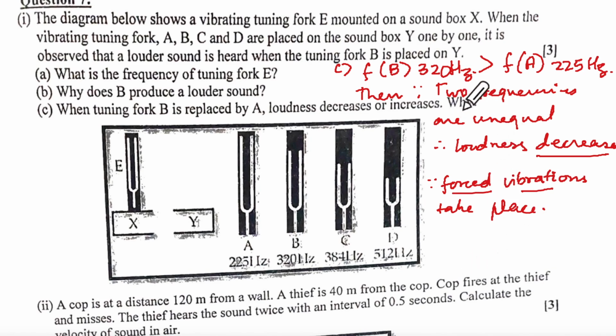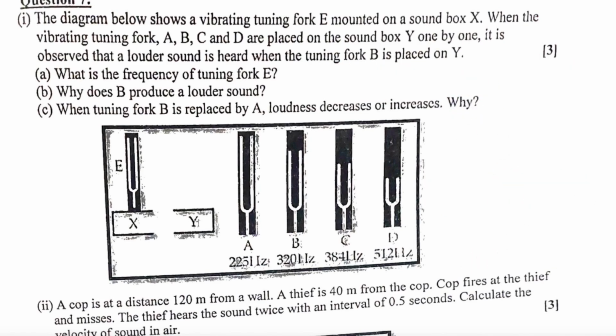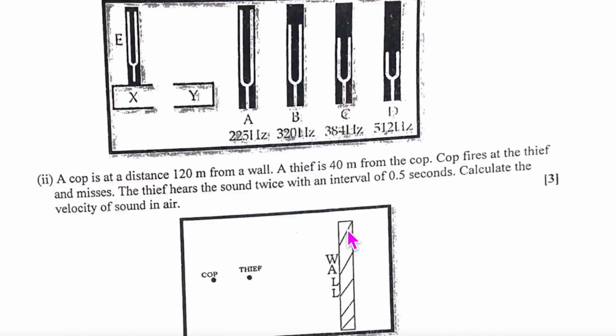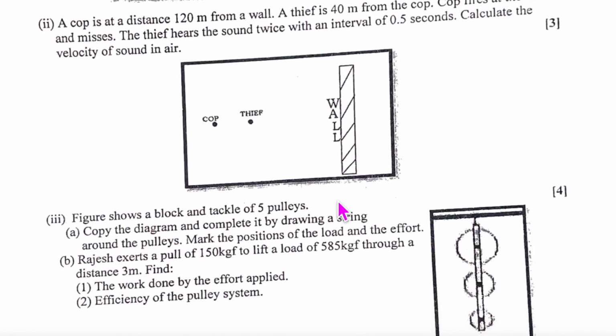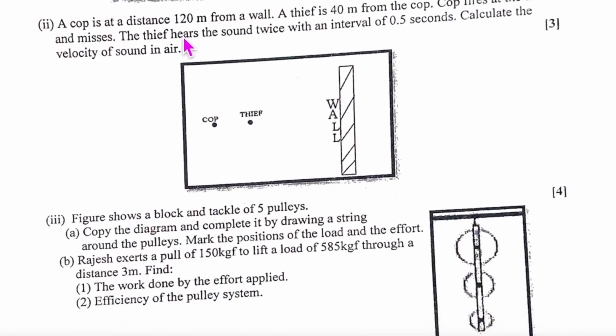Okay, so we've mentioned the reason also. So can you see there are so many application questions? Can you see how much time is going to go looking at these? The cop is 120 meter from A, the thief is 40 meter from the cop. So we'll have to show the diagram.